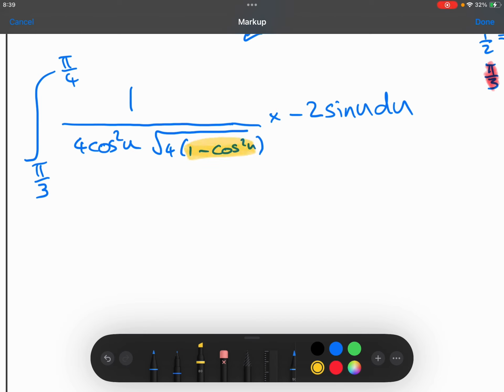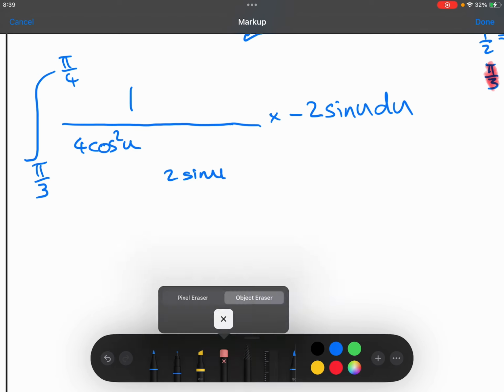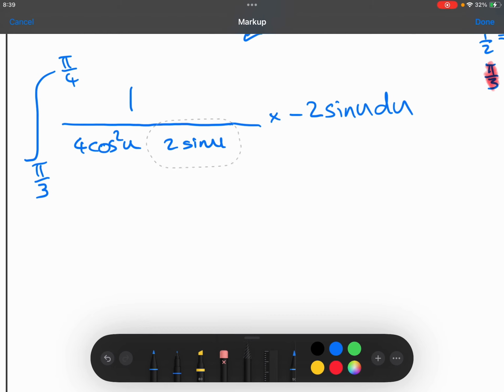The 1 minus cos squared there, I can turn that into a sine squared. Which is useful because the square root of 4 sine squared will just be 2 sine u. Which is then even better because that's going to cancel with this 2 sine u.